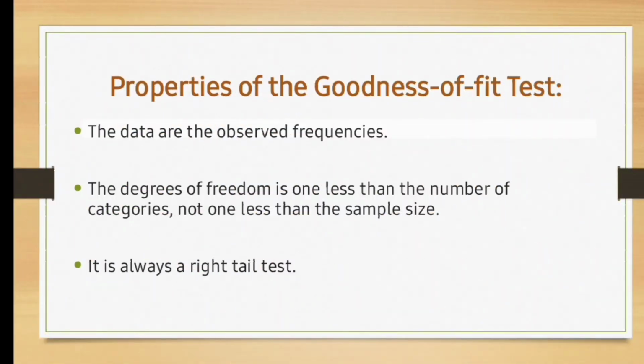Now let's go over the properties of the goodness of fit test. Number 1, the data are the observed frequencies. This means that there is only one data value for each category. Next, the degrees of freedom is 1 less than the number of categories, not 1 less than the sample size.